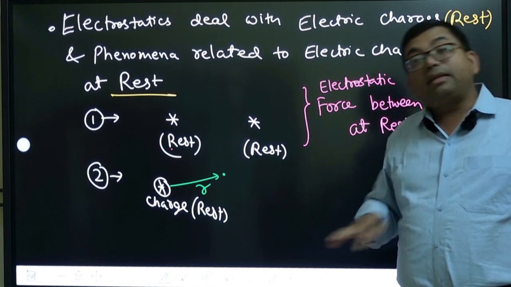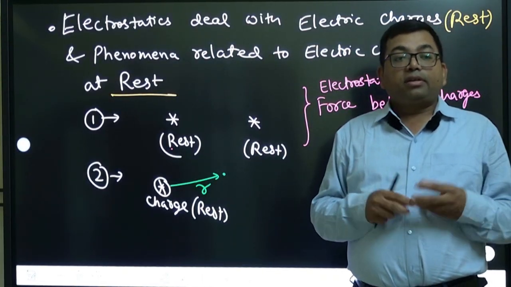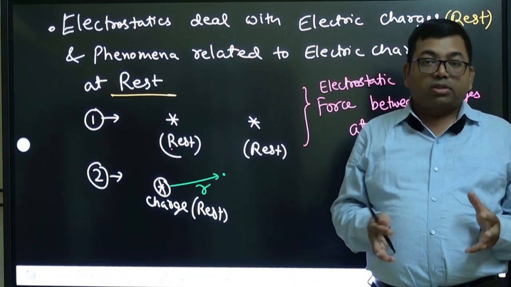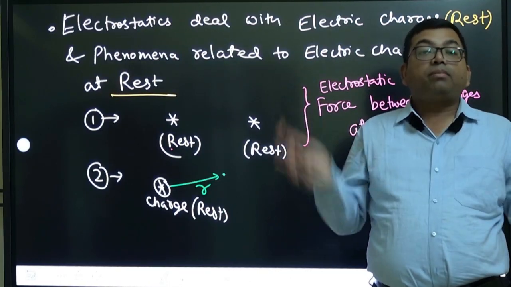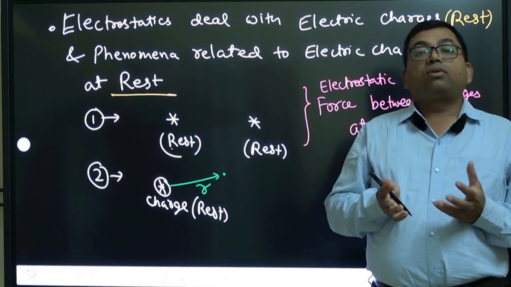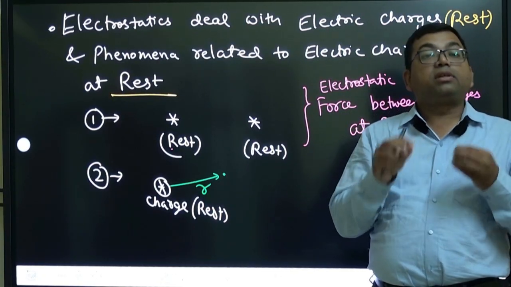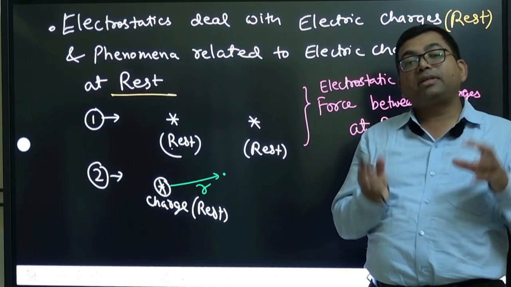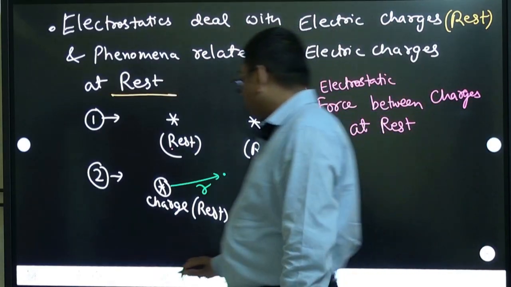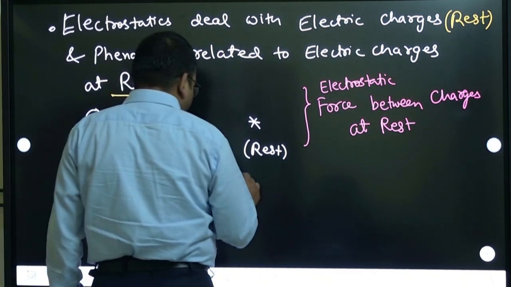Because it is coming into the environment created by this charge, right? Whenever there is a charge, it creates some environment around it. That environment or region is called a field. If you bring any other charge into that field, it will experience a force or electrical effects. So electric charges at rest will create a field.